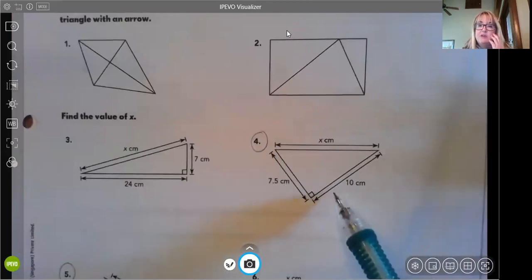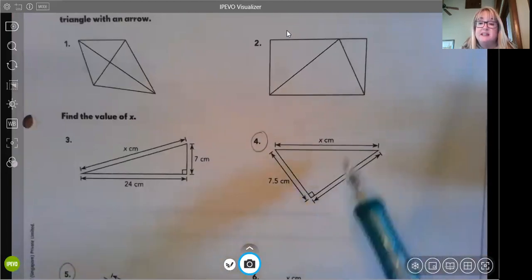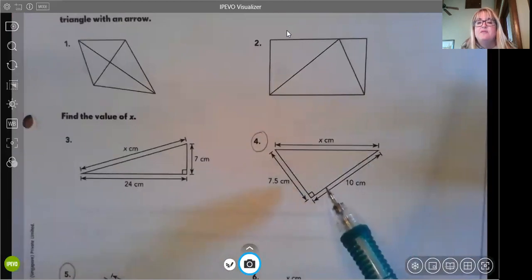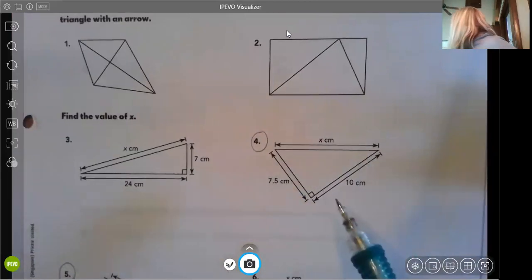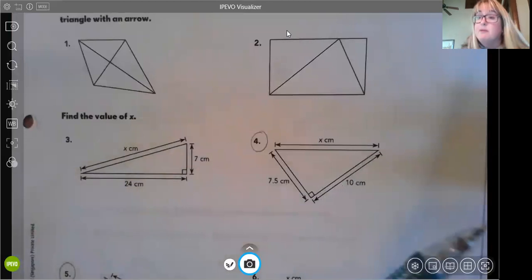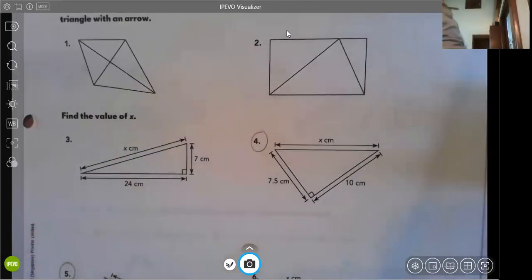And as long as we know the lengths of two sides, we can figure out how long the missing length is. So the first thing you need to do, and I need to get my calculator. I'll be right back. Make sure that you have your calculator too.